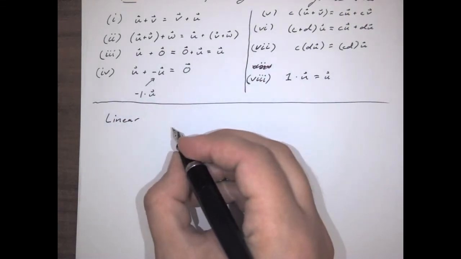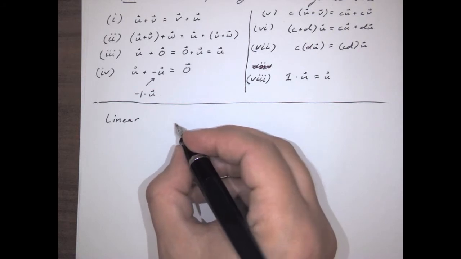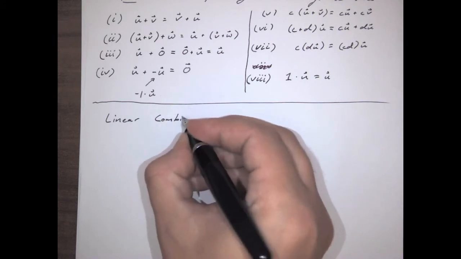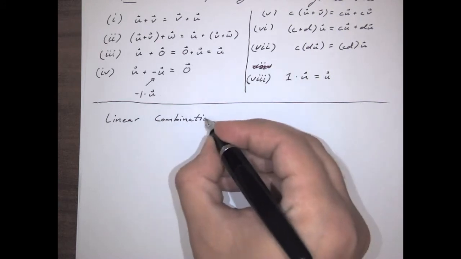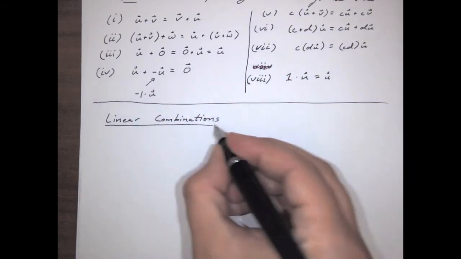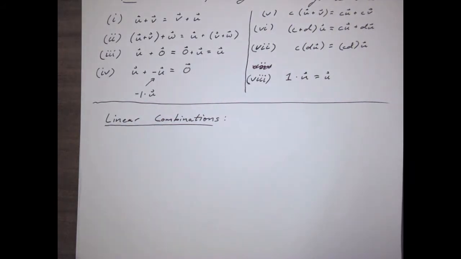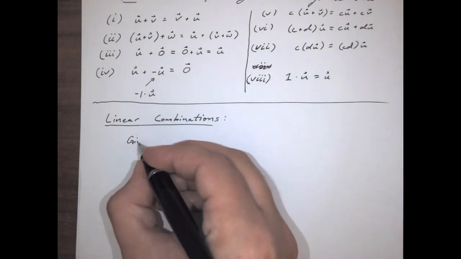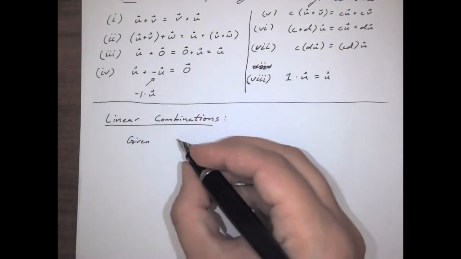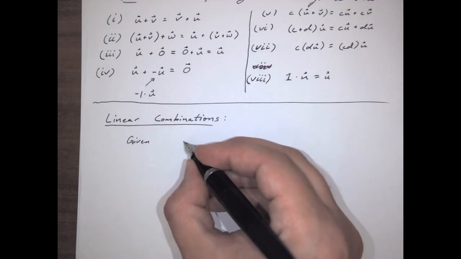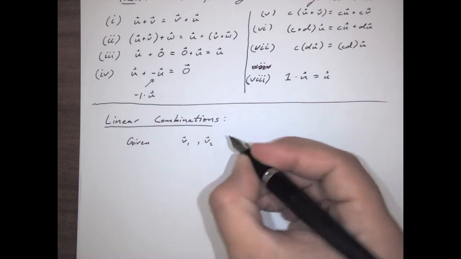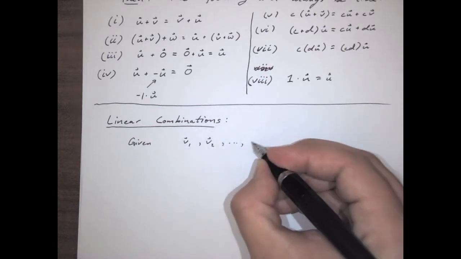Now we can put the pieces of vector arithmetic together in a more complicated way, and those are what are called linear combinations. So this is putting together scalar multiplication along with vector addition. So given several vectors all of the same dimension, so we'll write them like this: v1, v2, dot dot dot, up to vp.